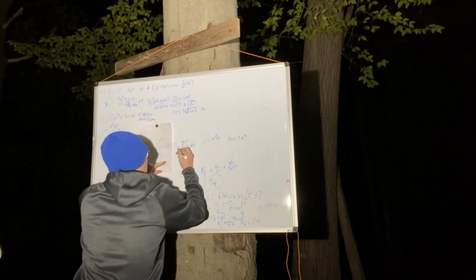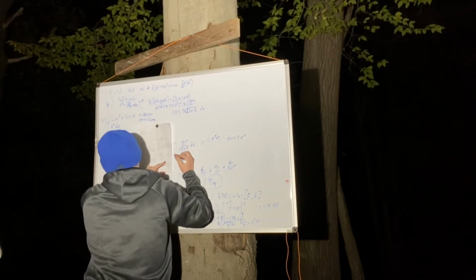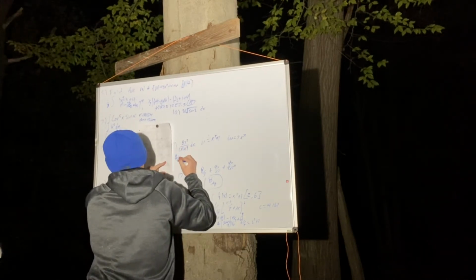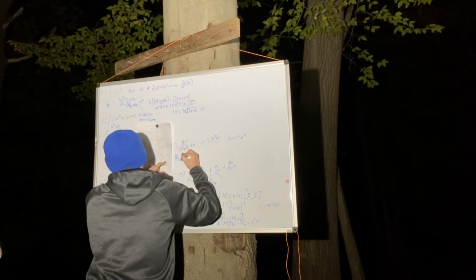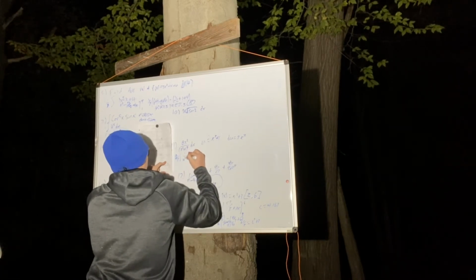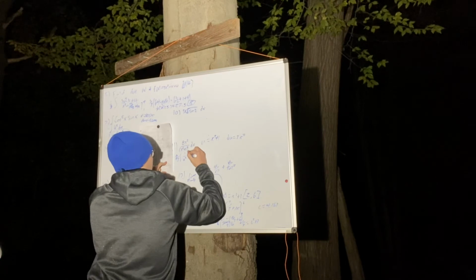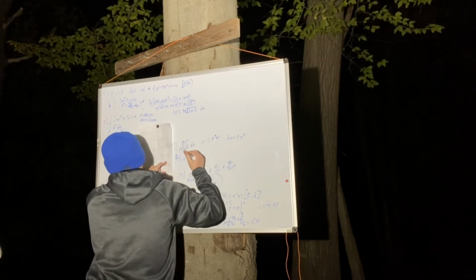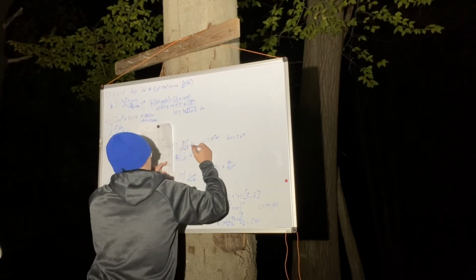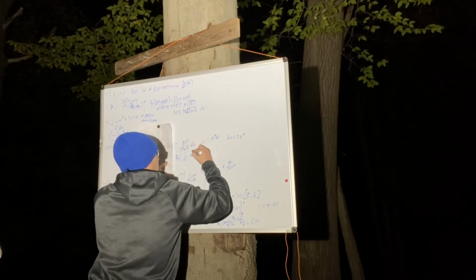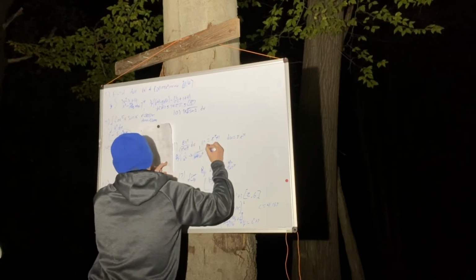Okay, so you bring the 8 to the front. You can also bring 1/3 to the front because of the 3x squared, and you do the integral of u to the negative 5th, and that goes out to 1 over negative 4 u to the 4th plus c.